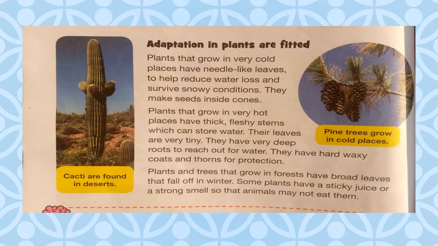As I told you in our previous lecture with regard to animals, and now we have read about plants, they have also adopted some basic physical features which help them to survive better in cold places or hot places. This is something we need to understand about plants as well.